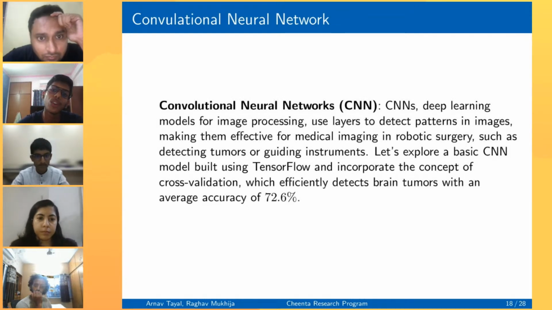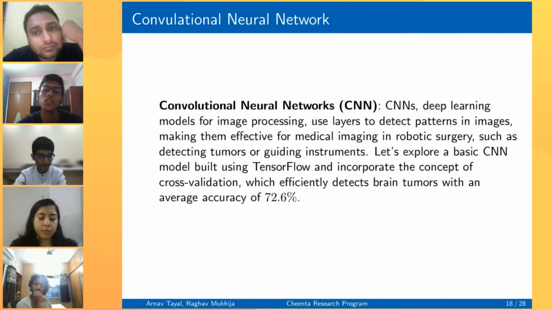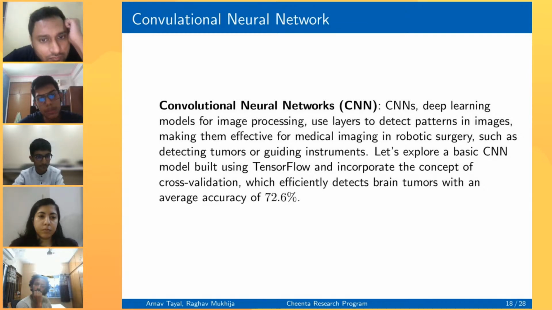It is a type of neural network designed to recognize patterns in images by breaking them down into smaller features. It processes images through multiple layers, allowing it to identify faces or animals with high accuracy. Also, let's explore a basic CNN model using TensorFlow and incorporate the concept of cross validation, which efficiently detects brain tumors with an average accuracy of 72.6%.